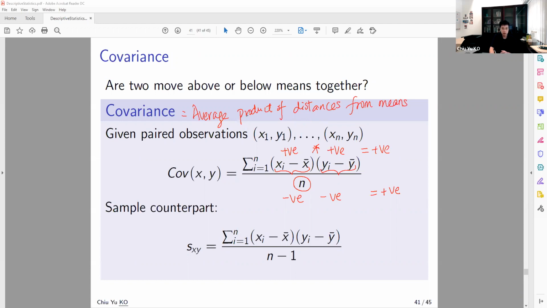So the product of distances from the mean, averaged by dividing by n. That's the main idea. And if it's n minus 1, as I said, it's the sample one. Why that is the case I explained already, it's an unbiasedness concept, but usually the book doesn't explain it to you. Anyway, later you will know. Is there any question about this one?